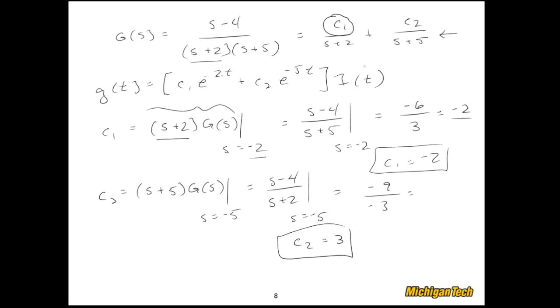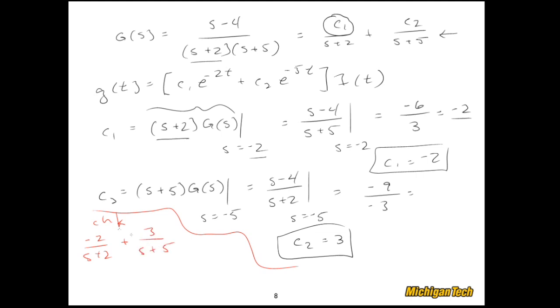We can check that. If we put c1 equal negative 2 in here and c2 equal 3 into that and get a common denominator, so I'll just hog out a little bit of space like so for a check. So we have negative 2 over s plus 2 plus 3 over s plus 5.